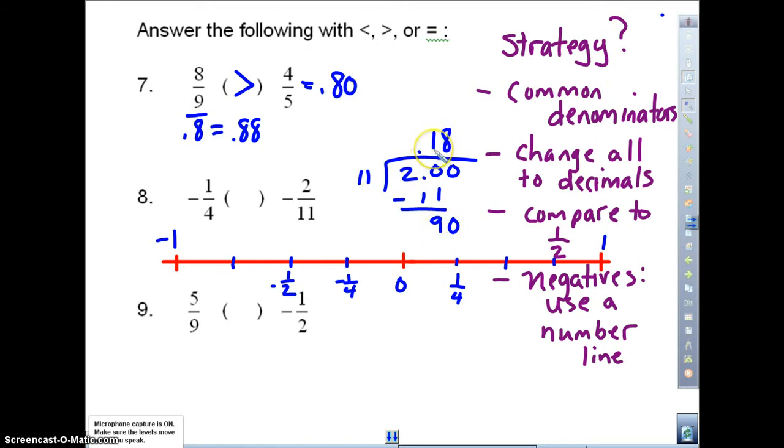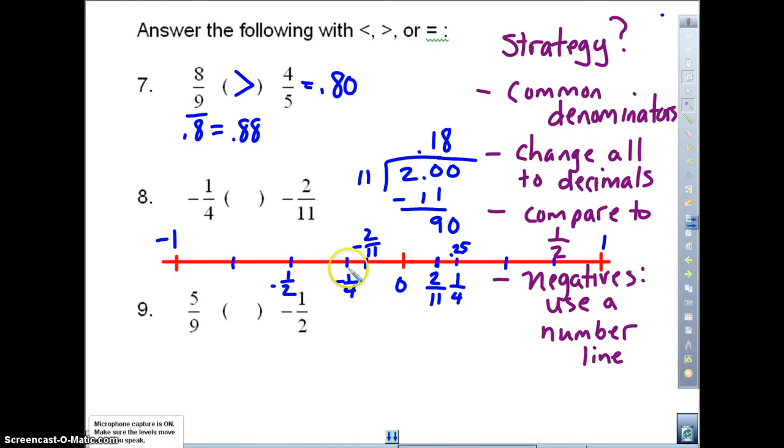It's less than 0.2. If this is 0.25, I know that one's got to be somewhere in here. So here is 2/11. Let's reflect that on the other side of 0. So right in here would be negative 2/11.